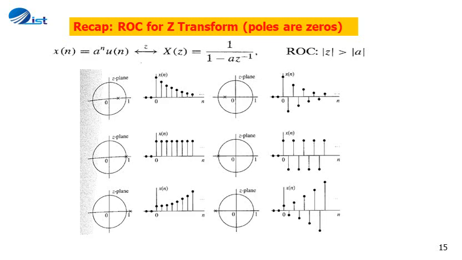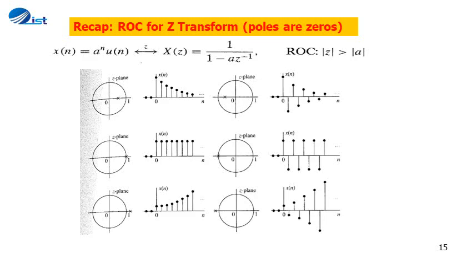Is it on the positive real axis or on the negative real axis? And even on the positive or negative real axis, is it within the unit circle, on the unit circle, or outside the unit circle? The first three Z plane plots are showing the cases when the pole is on the positive real axis of the Z plane.